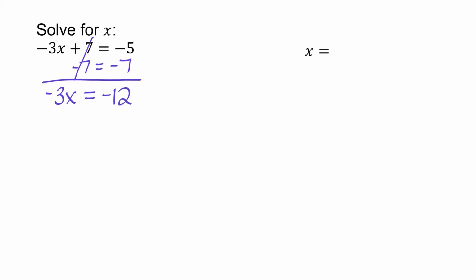So now I have 3x equals negative 12. So now to get x by itself, I'm going to have to divide both sides by 3. So when I do that, on the left, 3 and 3 will cancel, and then I'm left with x equals negative 12 divided by 3, which is negative 4.